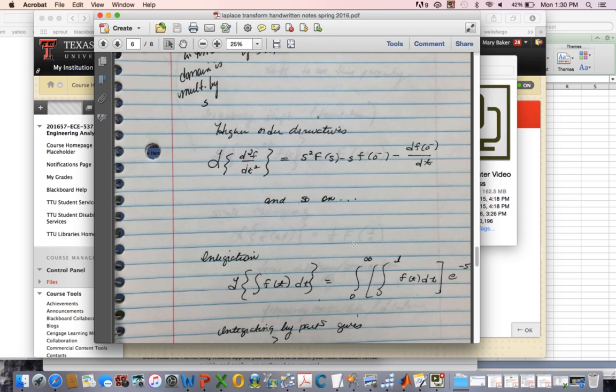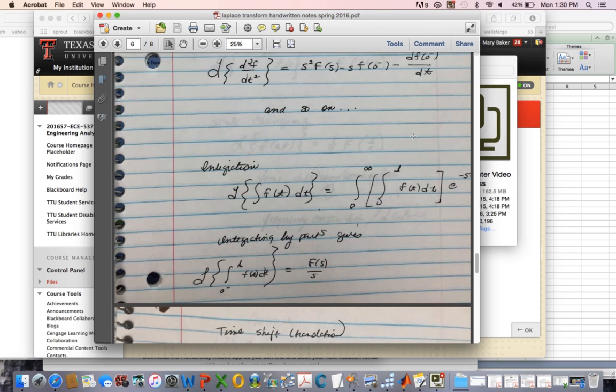Higher order derivatives hold. There's a pattern. And so if you look, the second order derivative is s squared f of s minus s f of 0 minus f prime of 0. So you are adding initial conditions for each order of derivative, which makes sense because we would have to solve for one condition for each order of derivative.